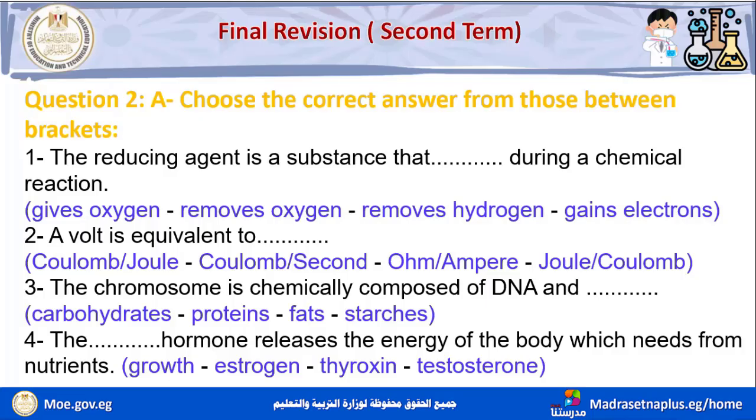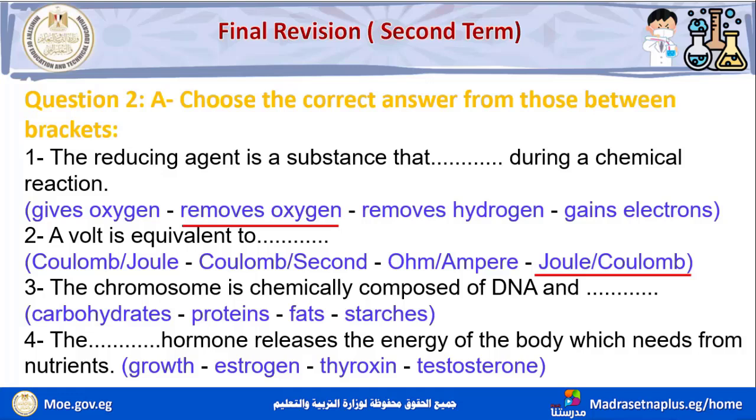The reducing agent is a substance that removes oxygen, or takes oxygen away, during a chemical reaction. Question number 2, a volt is equivalent to joule per coulomb.